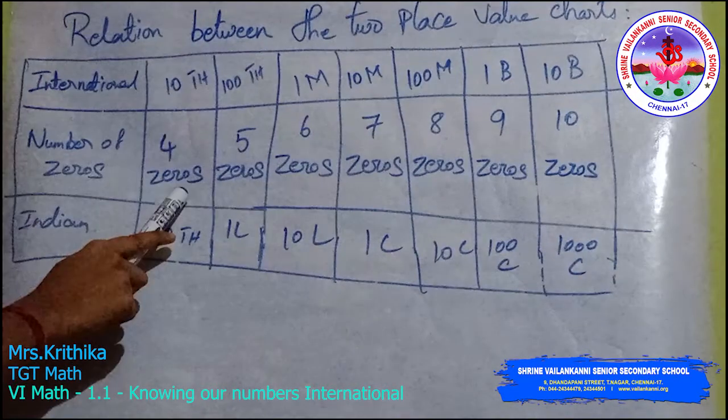Next one is the expanded form of international place values. First separate the digits using the commas. 98,370,432. 1, 10, 100, 1000, 10,000, 100,000, million, 10 million is equal to 9 into 10 million having 7 zeros, plus 8 into million, plus 3 into 100,000, plus 7 into 10,000, plus 0 into 1000, plus 4 into 100, plus 3 into 10, plus 2 into 1.